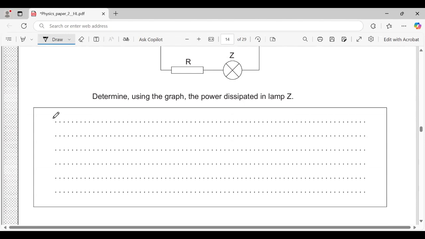So the power of Z, P_Z, equals I times V, 0.050 amps times 4.0 volts equals 0.2 watts. Let's continue.